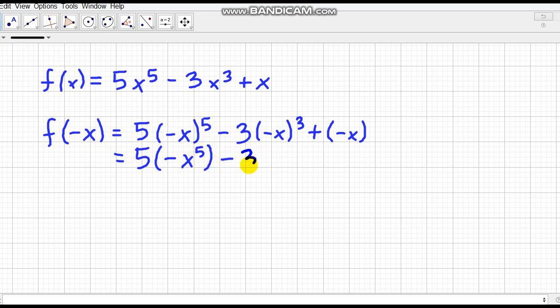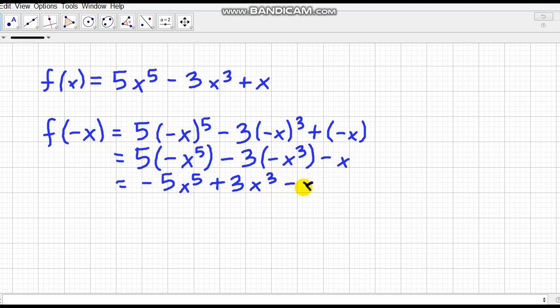Minus 3, negative raised to the 3rd power, which is odd, still remains negative, then x cubed. Positive times negative is negative. Now we multiply 5 by negative x raised to the 5th power. This becomes negative 5x raised to the 5th power. Negative 3 multiplied by a negative number becomes positive 3x cubed.